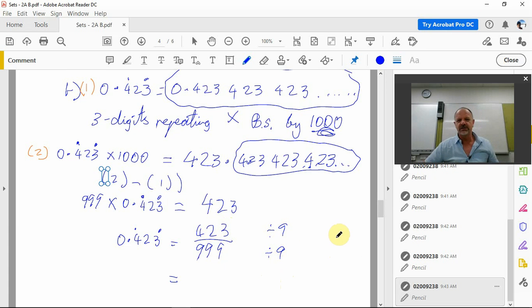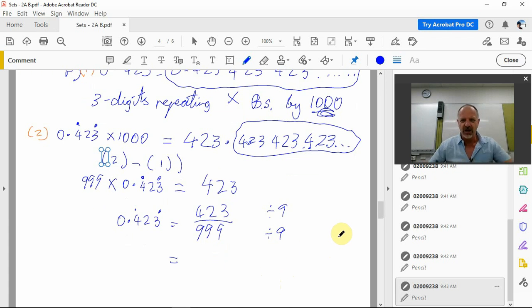I already know that, because you always need to cancel down to lowest form. So 9 goes into 999 111 times, and 9 goes into 423, you can check it out yourself, 47 times. So 0.423 repeating as a fraction is 47 on 111. So there's how we would do that if we wanted to convert back by hand.